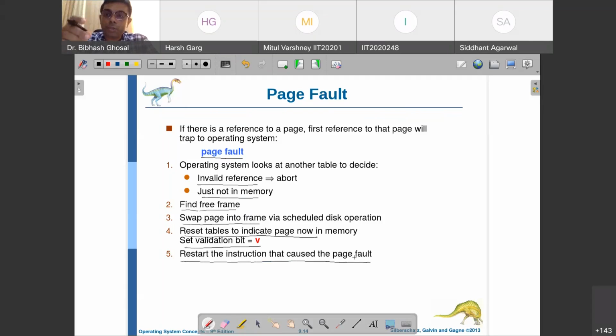The instruction required by the CPU ended up in a page fault, and until the page was brought into memory, the instruction was kept on hold. When the page is brought into the memory, the instruction is restarted. This is the mechanism of handling page faults.